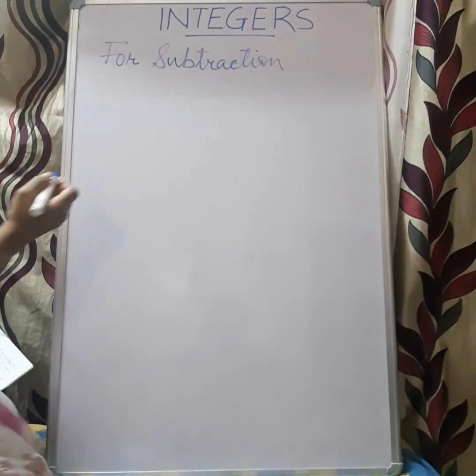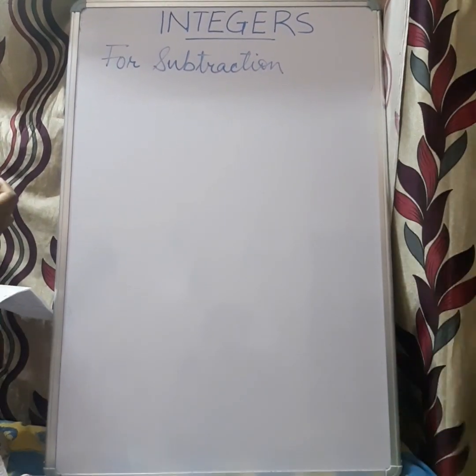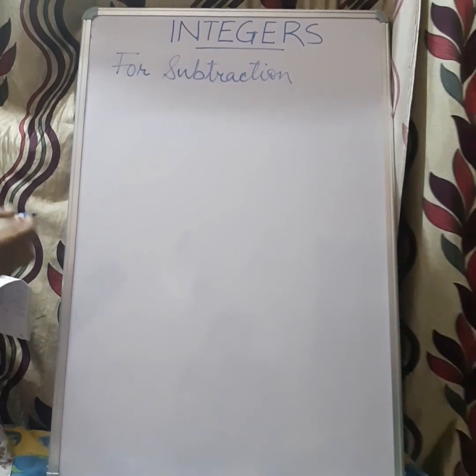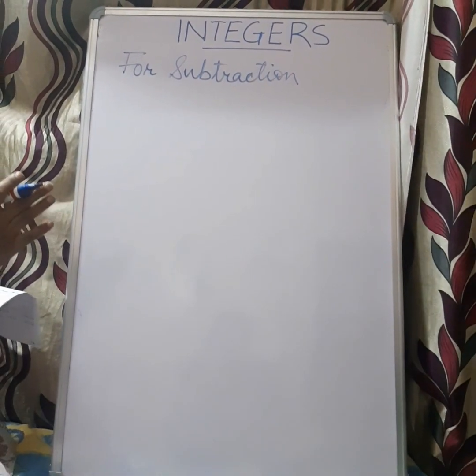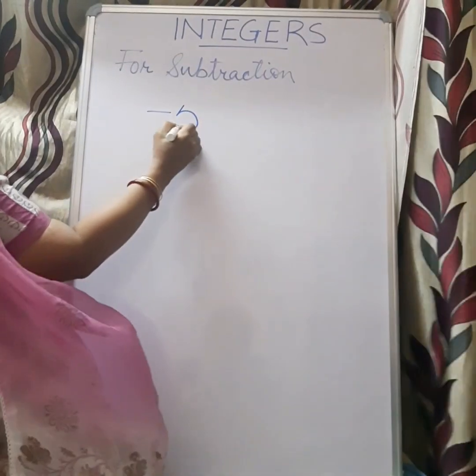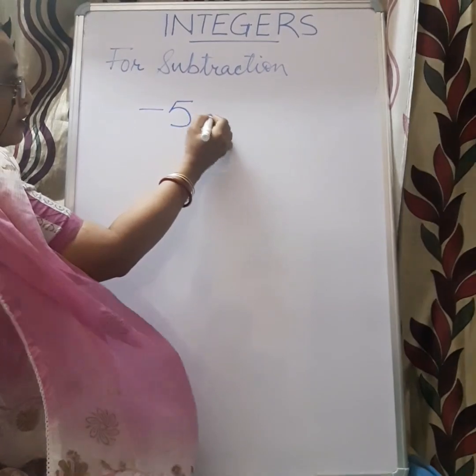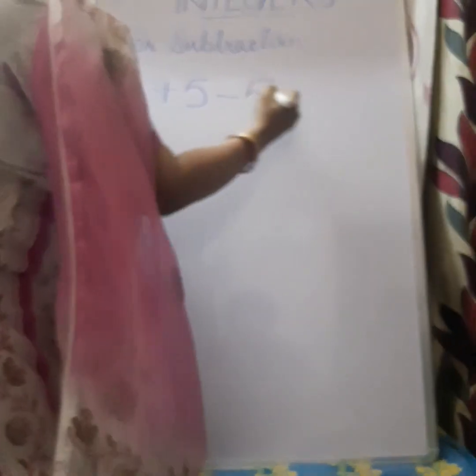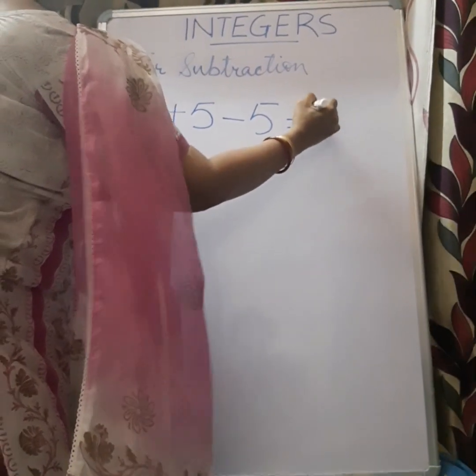For subtraction, we use additive inverse. Now what is additive inverse? Two integers whose sum is 0. For example, plus 5 and minus 5. If we add them, their sum is 0.